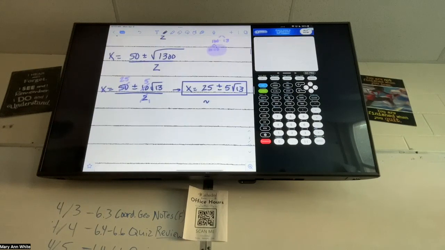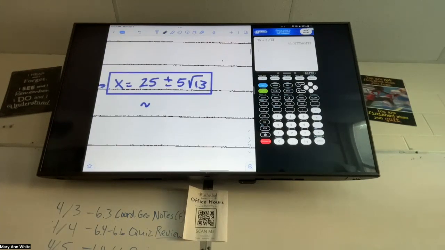So 25 plus 5 root 13 is going to be 43.03. And then 25 minus 5 root 13 is going to be about 7. I'll round that all the way up to 7.